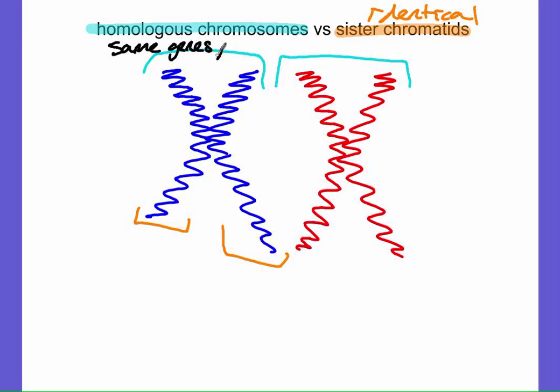But they are not necessarily identical. Now that being said, you might have 2 blue eye alleles. Right? If anyone in this room has blue eyes, you do have 2 blue eye alleles. One from mom, one from dad. So they could be identical, those genes, but they don't have to be. There could be a different version on one versus the other.